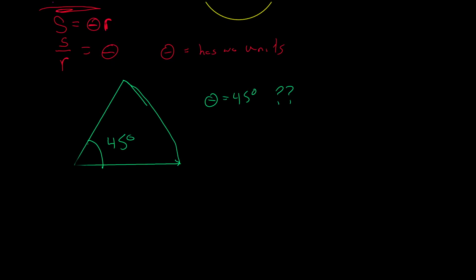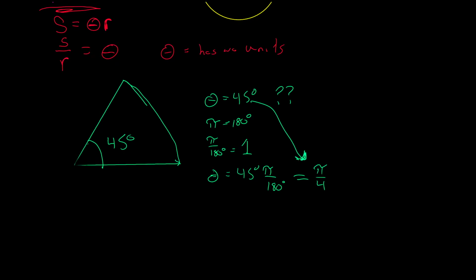Well, I remember that pi equals 180 degrees, so my conversion factor is pi over 180 degrees equals 1. If I multiply 45 degrees by 1, I'll get the same thing back, but I'm going to use my special version of 1 in this format. 45 goes into 180 4 times, and that's pi over 4. So 45 degrees is pi over 4 in radians.